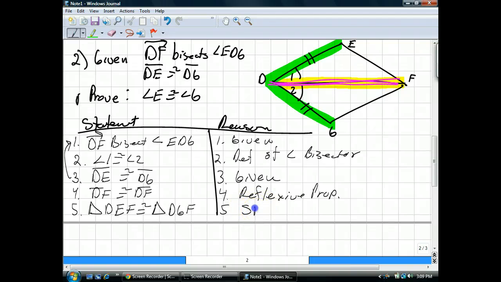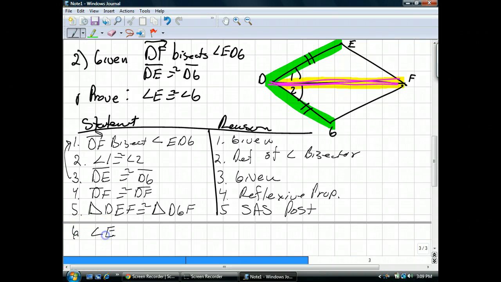So we said that was by side, angle, side postulate, the two sides and the included angle. And now, since the triangles are congruent, their parts have to be congruent. Therefore, angle E must be congruent to angle G by corresponding parts of congruent triangles are congruent.